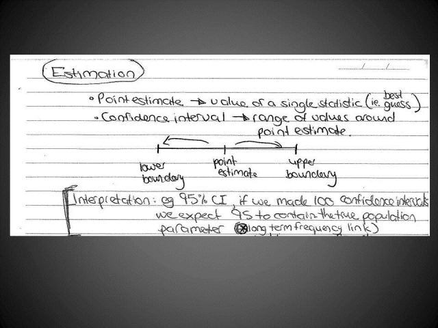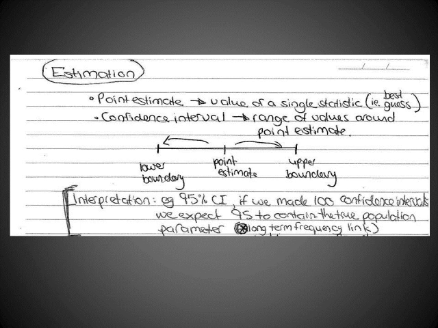So whether you're talking about means or proportions, we're going to end up with a sort of standard interpretation, and that links to our long-term frequency idea from probability. So if it's a 95% confidence interval, we would talk about if we made 100 of these confidence intervals, so that involves, of course, taking a sample, making a confidence interval, taking another sample, making another confidence interval.